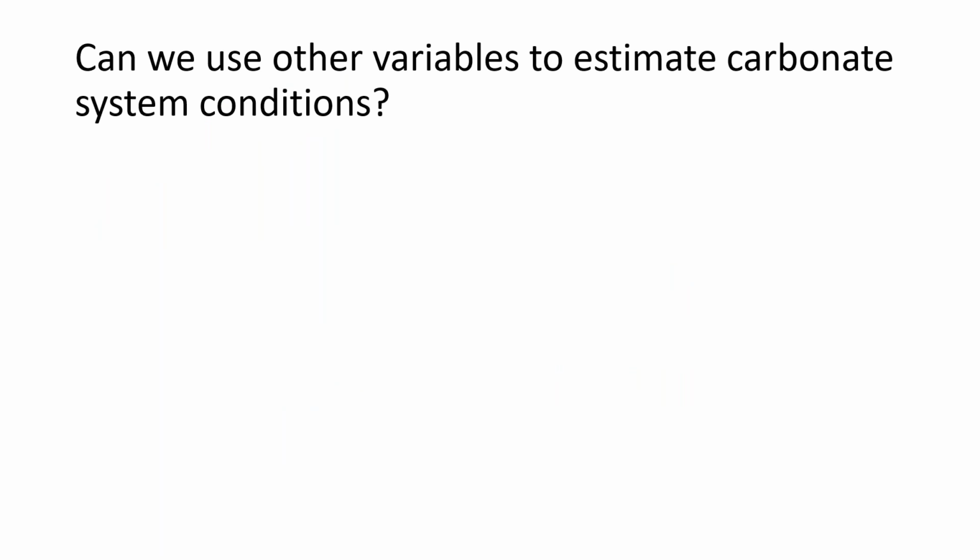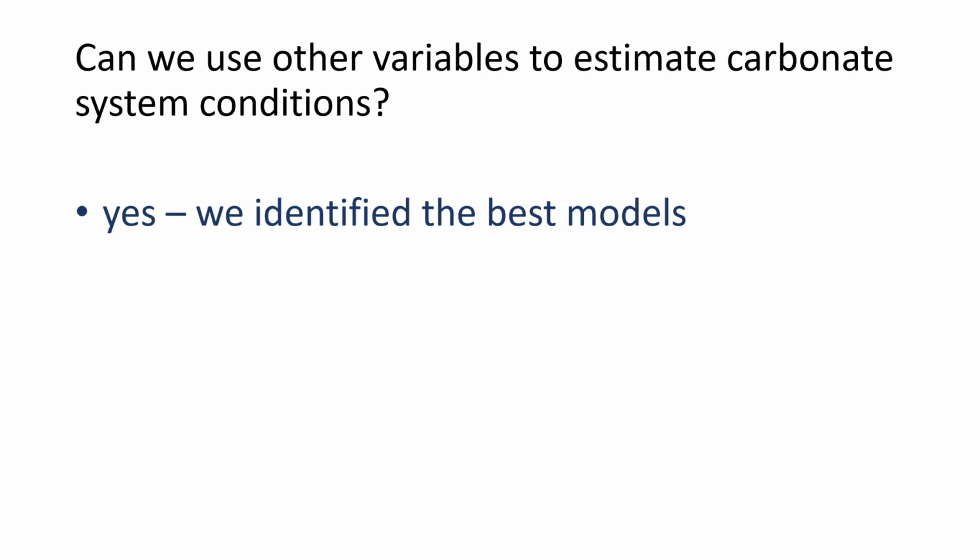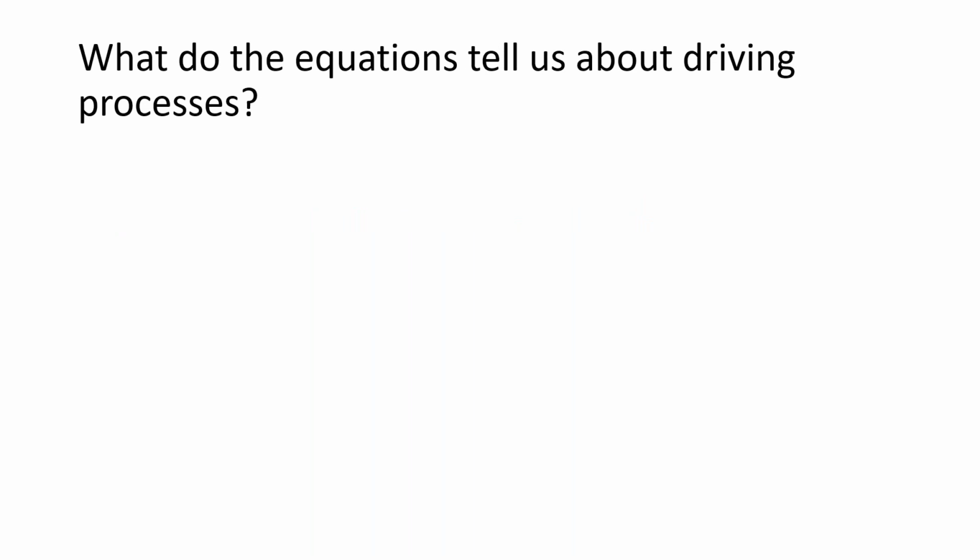So coming back to the questions that we set out to answer with the empirical model, can we use other variables to estimate carbonate system conditions? Yes, and we identified the best models that are recommended to use to estimate those carbonate system conditions. And what did the equations tell us about the driving processes?